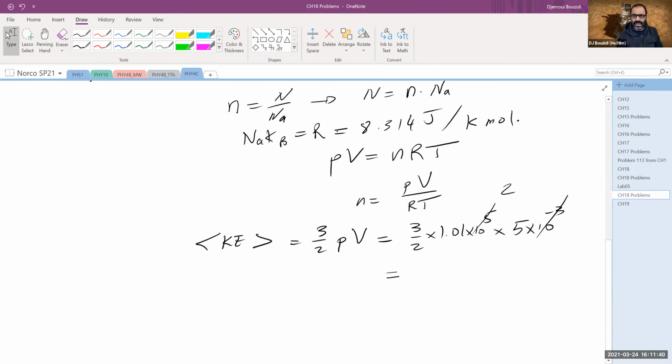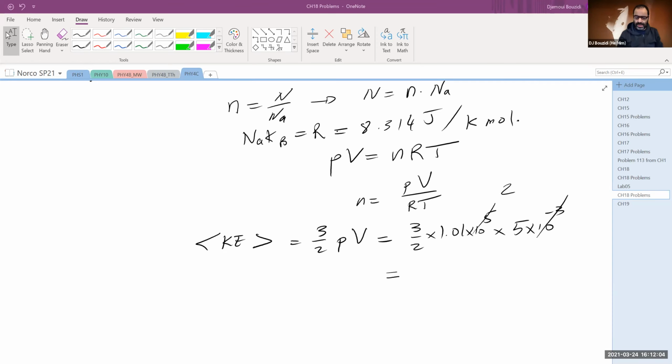So if I pull up a calculator, I need to put a calculator in here, because I don't like to do this stuff by hand. Okay, so if I plug in the numbers in here, it should give me an energy in joules.